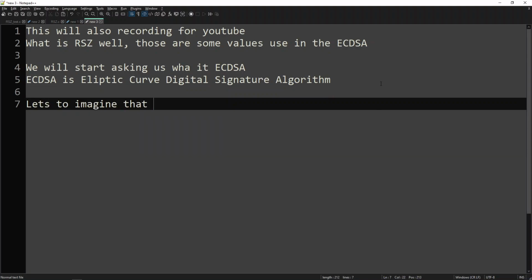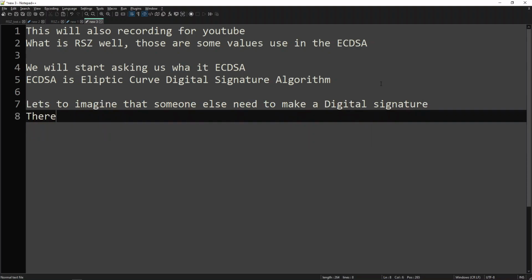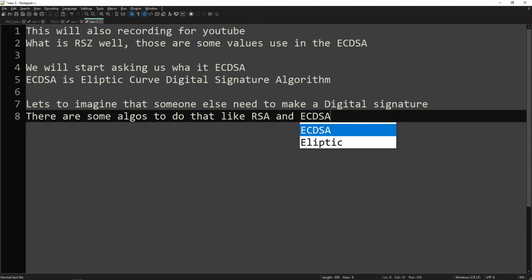Okay, so let's imagine that someone needs to make a digital signature. There are some algorithms for that. There are some algos to do that, like RSA and ECDSA.